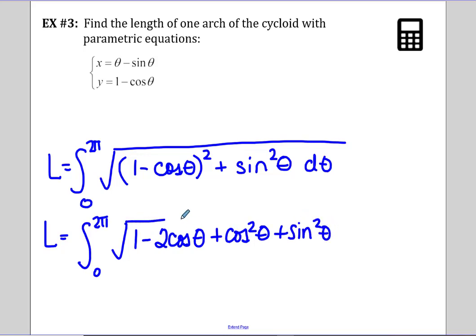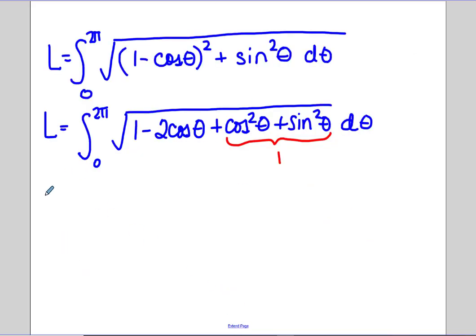And there's our identity that we can combine. So this piece right here is going to be equivalent to 1. So we can add those together. From 0 to 2 pi.